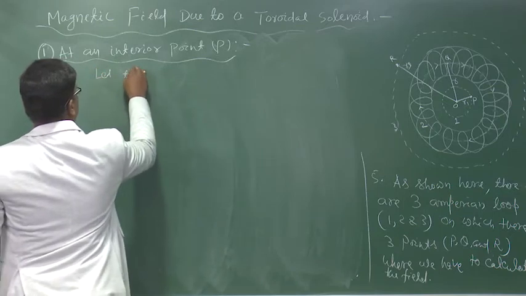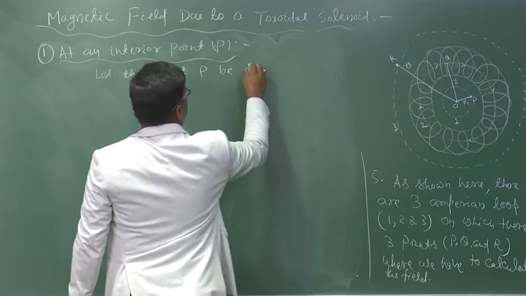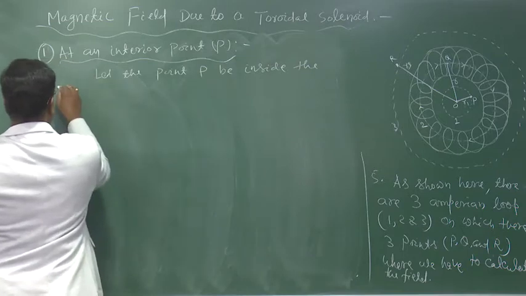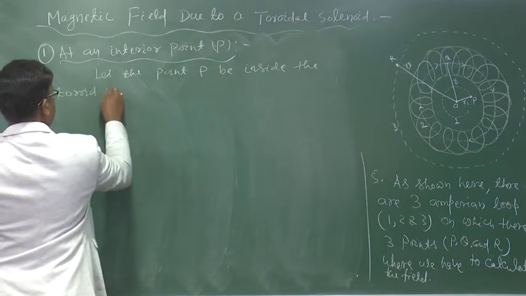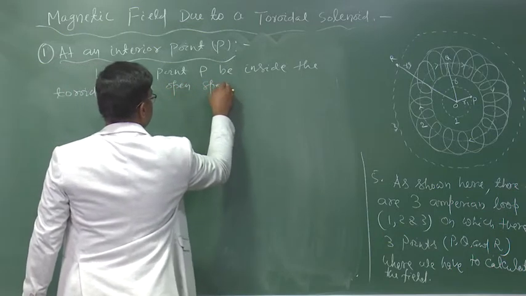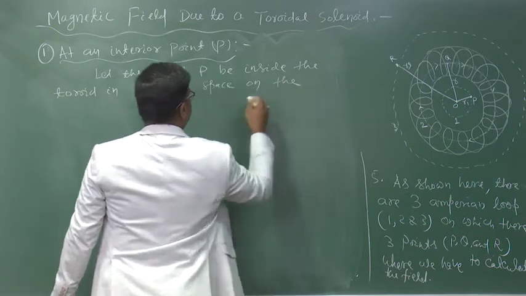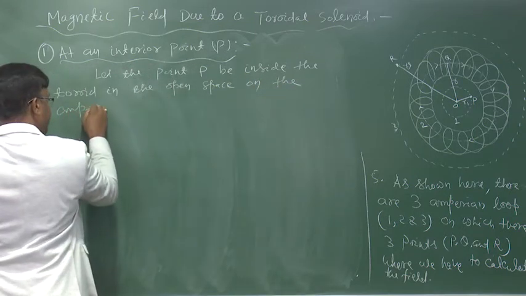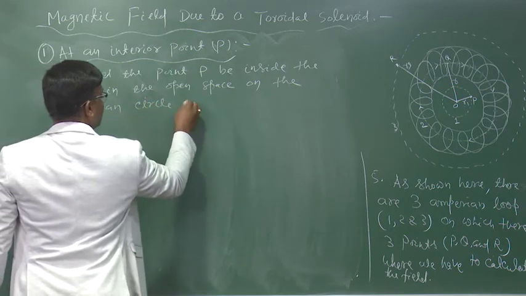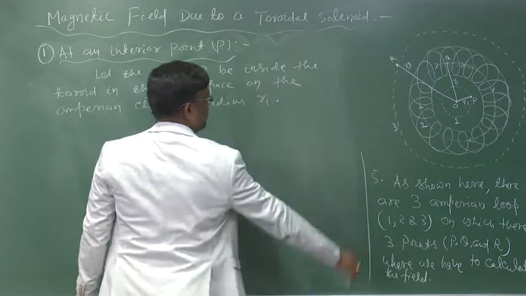Let the point P be inside the toroid in the open space, on the Amperian circle of radius R1.